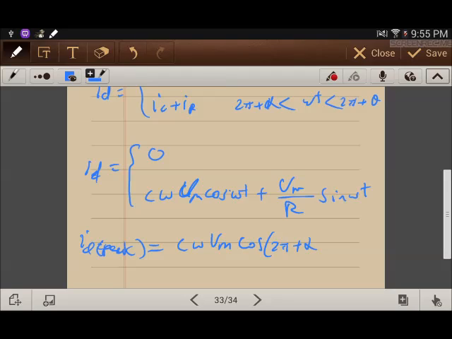This is the maximum value at which the diode current will be maximum, plus V maximum over R sine 2 pi plus alpha.